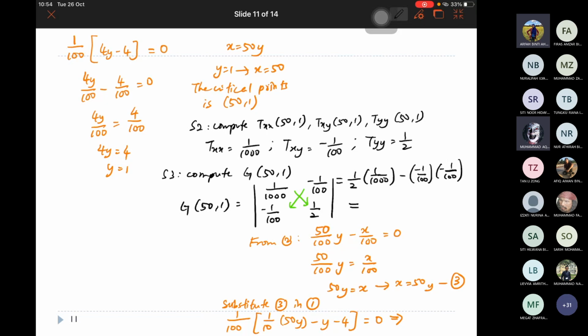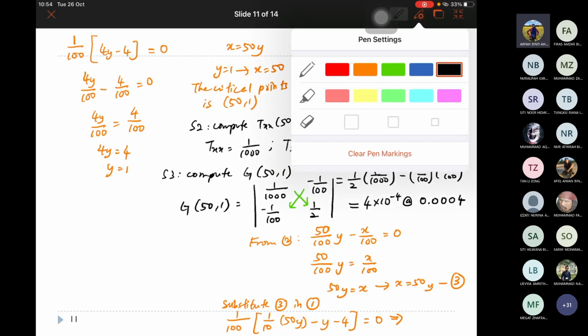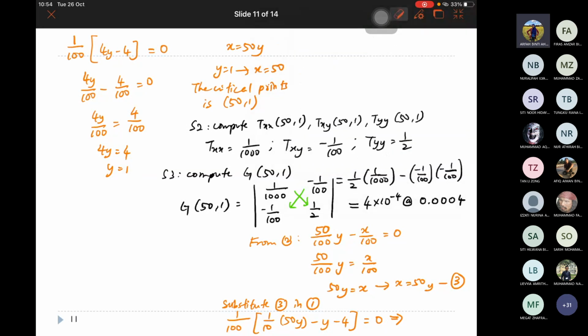Dalam perpuluhan. Perpuluhan 4 eksponen pula. 4 darab 10 negatif 4. Okay, betul. Betul lah. Betul jawapan dia. 4 darab 10 negatif 4. So thank you. 4 darab 10 negatif 4 atau 0.0004. Okay. Itu adalah dia punya titik.